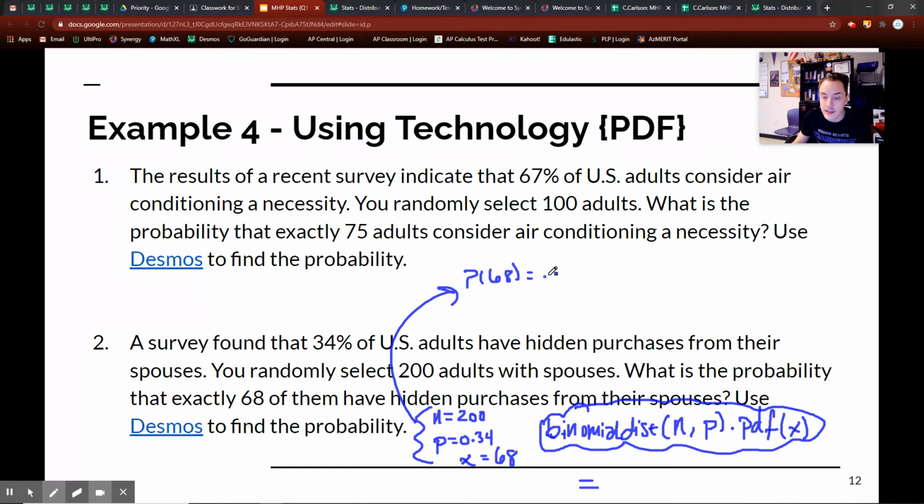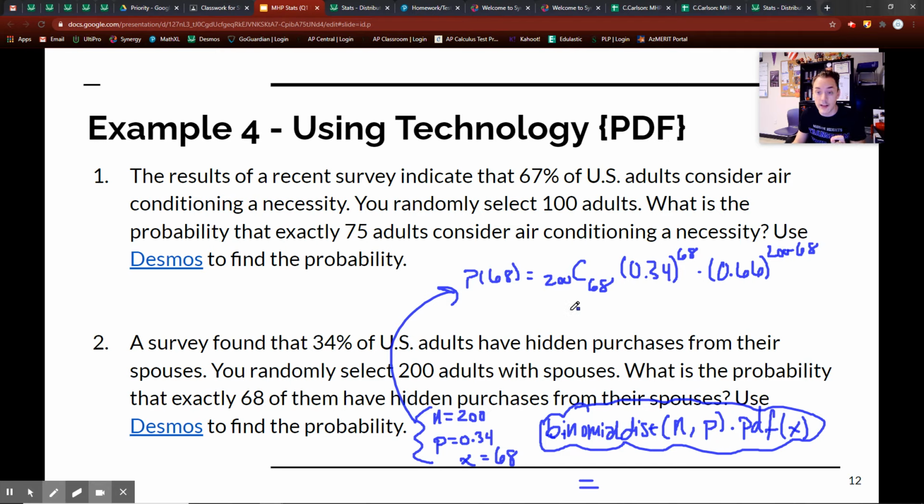This would be 200 C 68, and then 0.34 to the 68 power, times my complement, 0.66, to the 200 minus 68 power. I could literally type that into Desmos. This is the long way to do it. Remember, we did it just a couple slides ago.